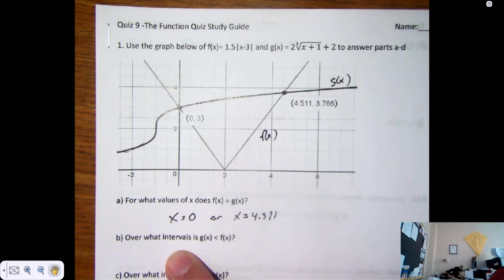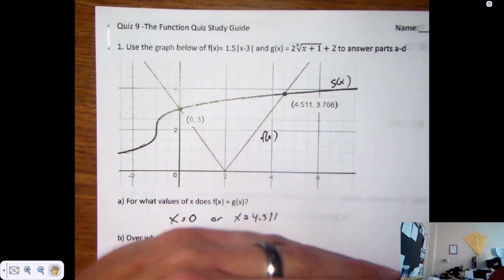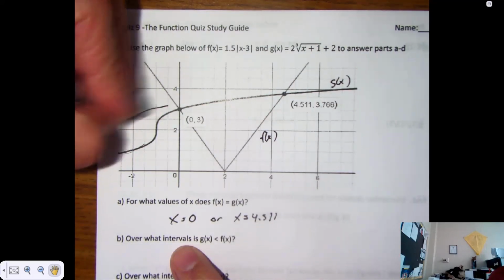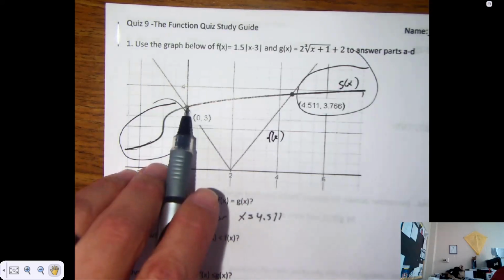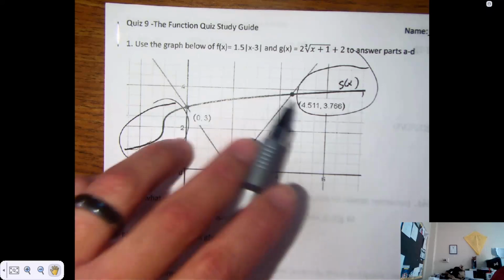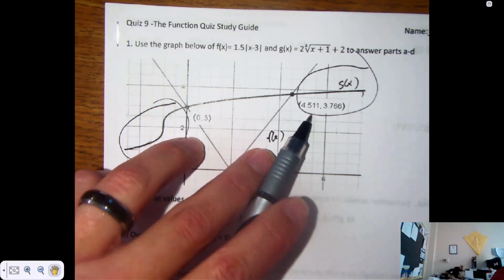Over what intervals is g of x less than f of x? That means below. I really need to buy colored pencils. But there and there is g of x below the V. And what you're doing is you're describing this in terms of x. This happens when x is less than 0 and when x is greater than 4.511.